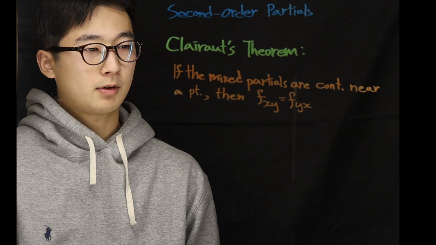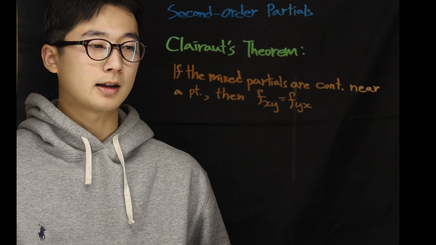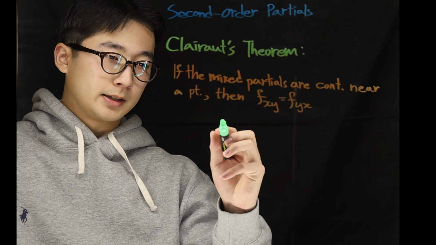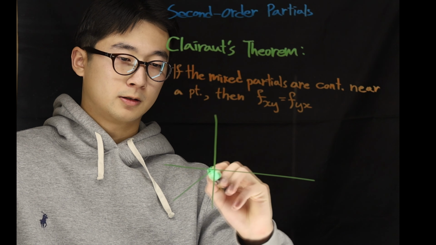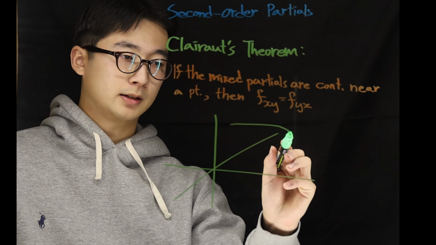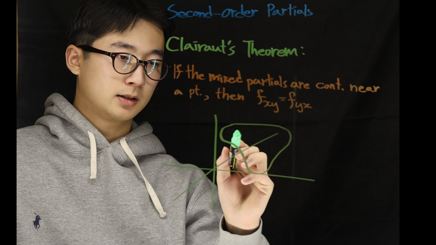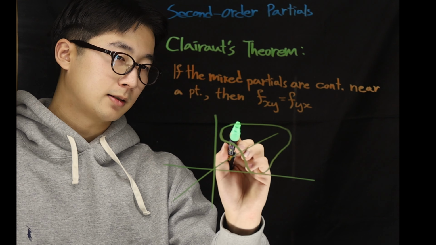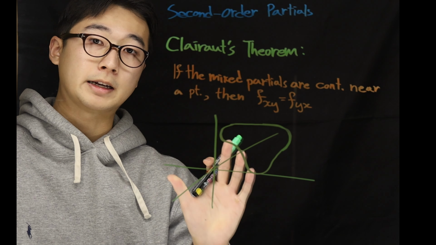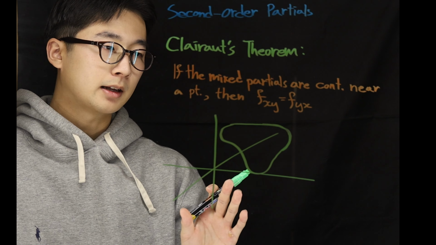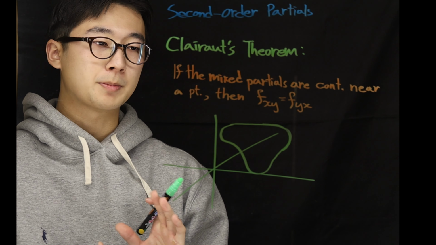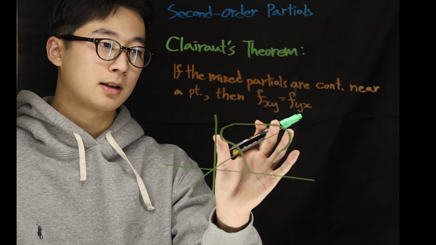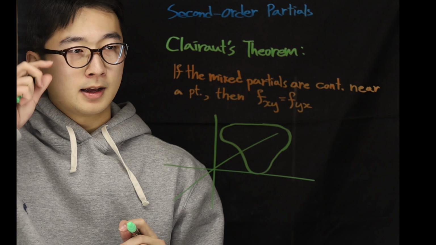So what it means is that when there's a surface in 3 dimensions, something like this, it's not well drawn, but let's say the surface is smooth enough, then the order in which we measure curvature doesn't matter. That's what this theorem is talking about.